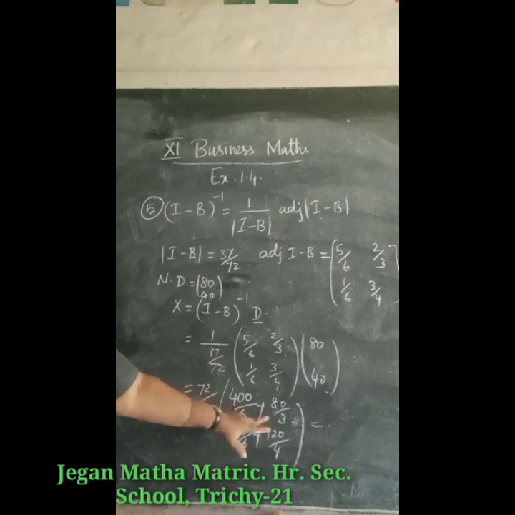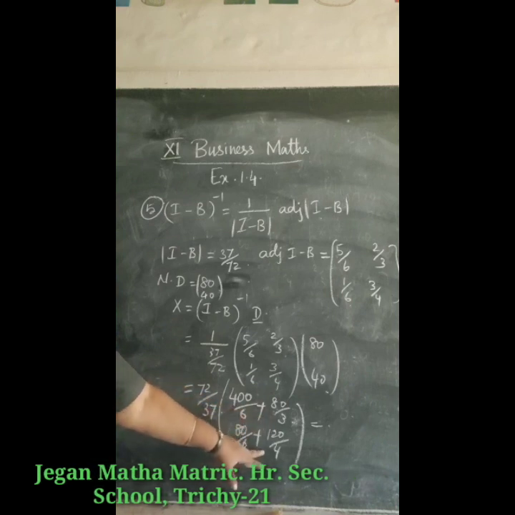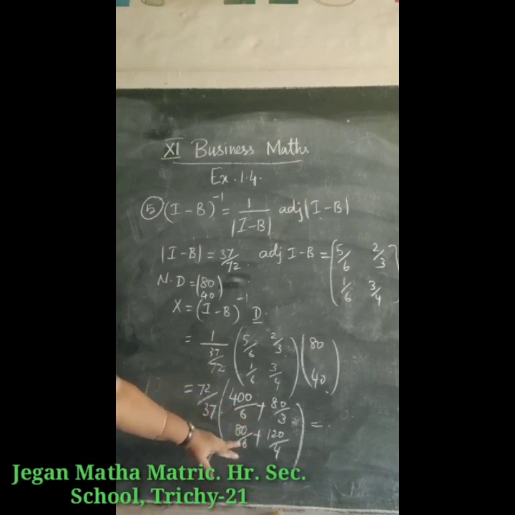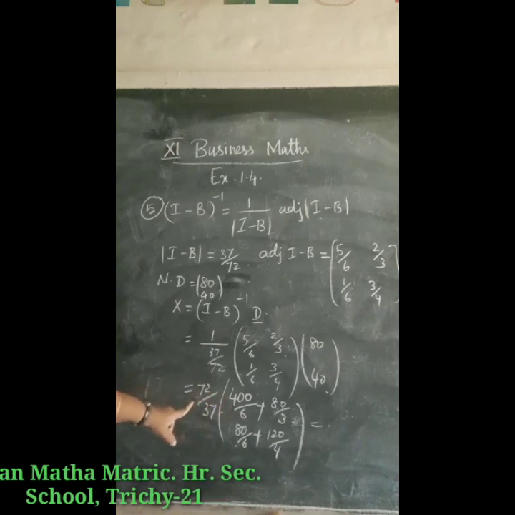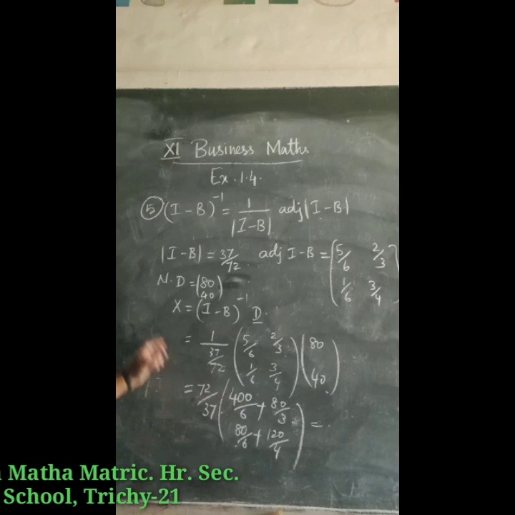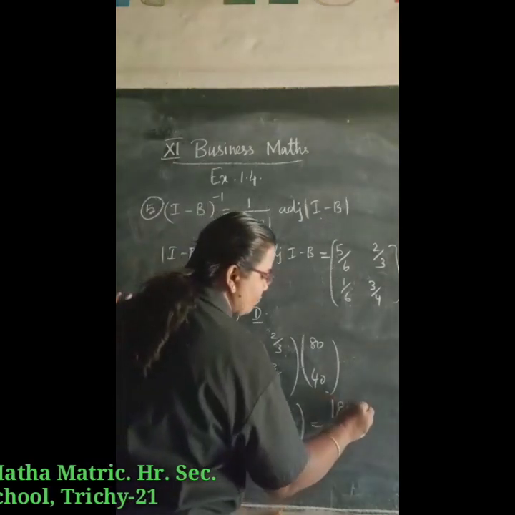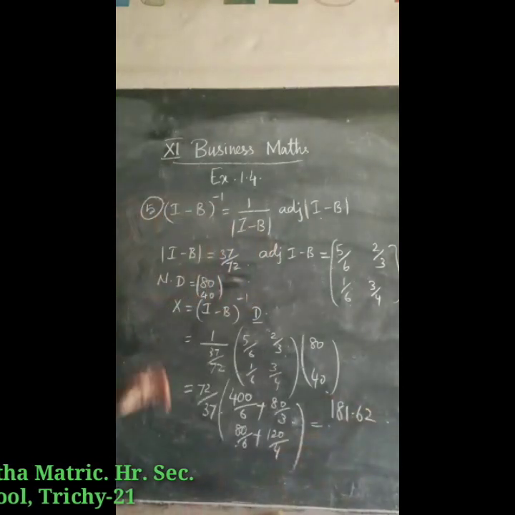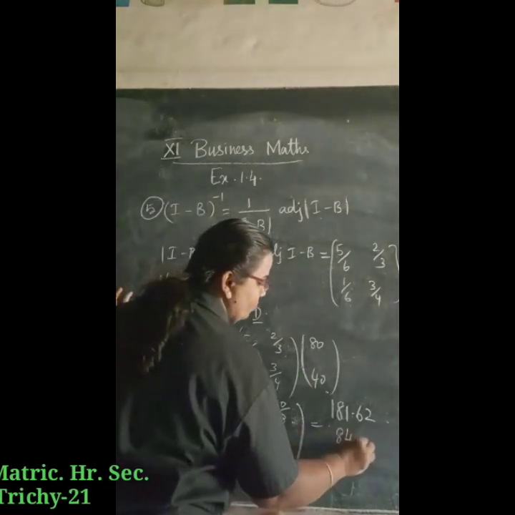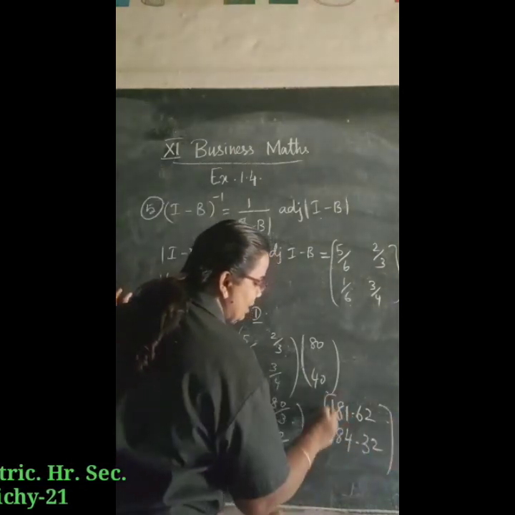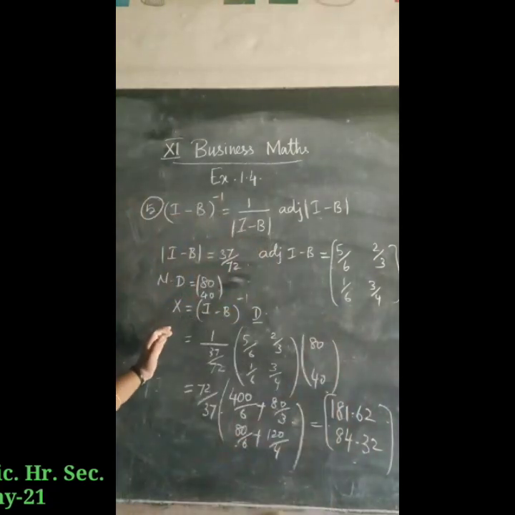We take the LCM for 6 and for 12, add these two, multiply and divide by this number. We will get 181.62 and another one is 84.32. This is the output of the analysis.